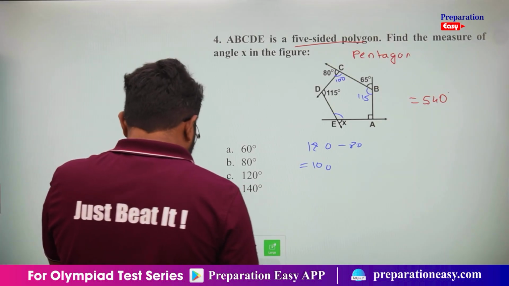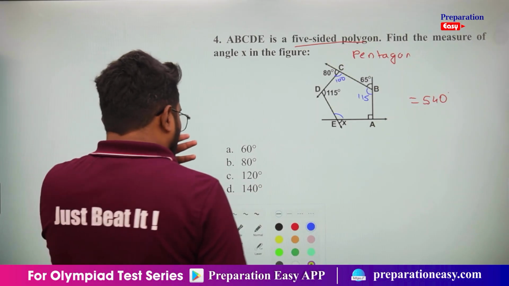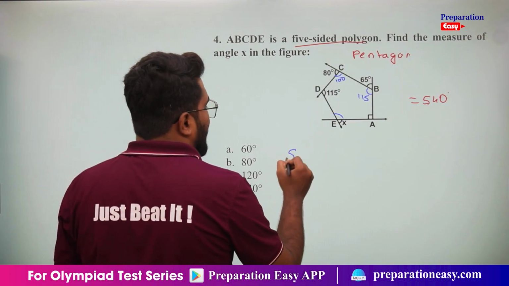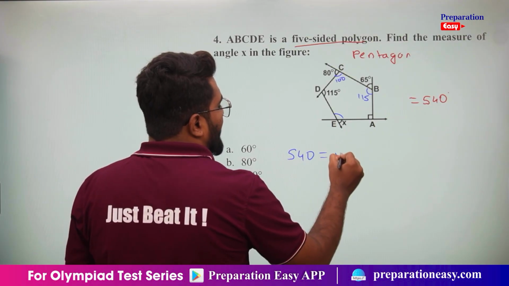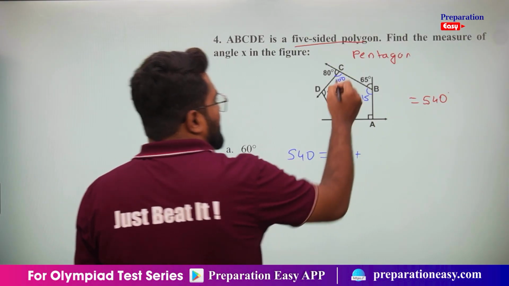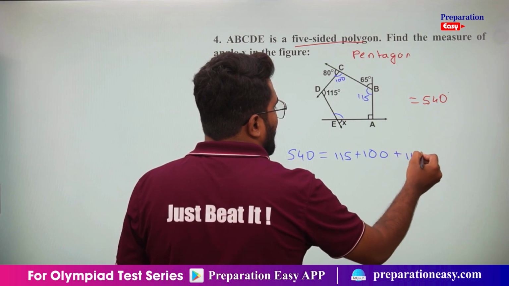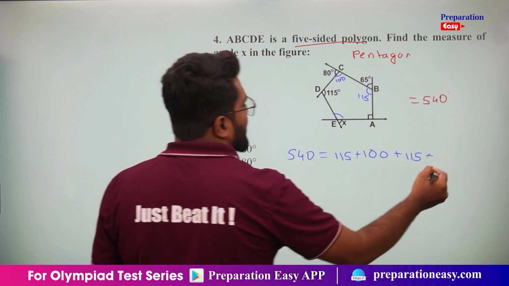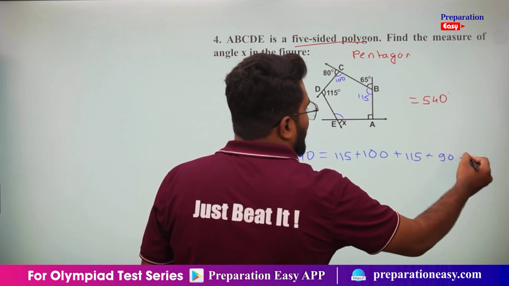We know 4 angles of the polygon. Using the angle sum property, 540 equals 115 plus the second angle, 100, the third angle, again 115, and the fourth angle, 90 degrees. Let's suppose the remaining angle is y.